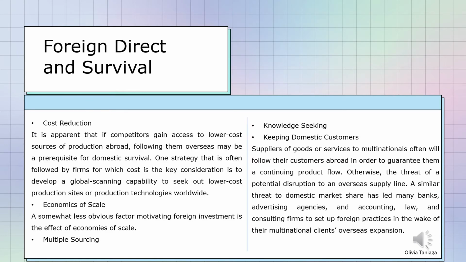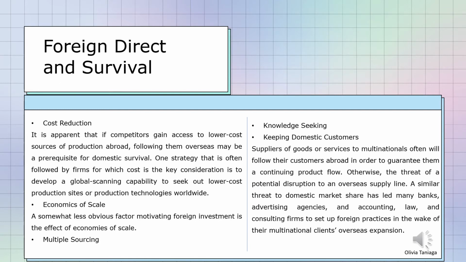The last strategy of the multinational enterprise is foreign direct investment for survival. In it, there are some important principles. The first one is cost reduction. It is apparent that if competitors gain access to lower cost sources of production abroad, following them overseas may be a prerequisite for domestic survival.